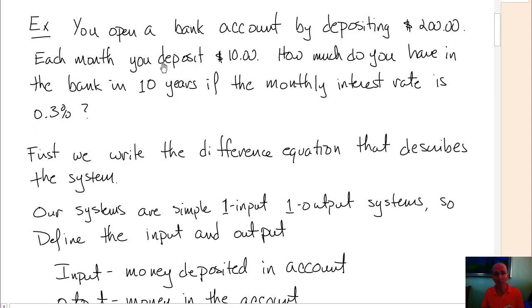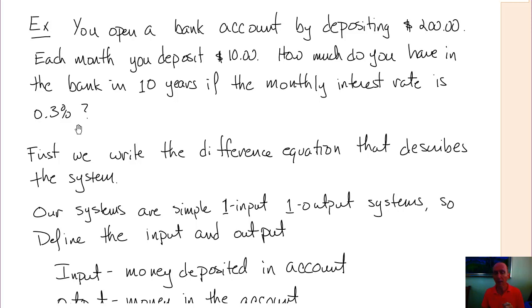Every month, you're going to deposit $10. And the question is, how much do you have in the bank in 10 years if the monthly interest rate is 0.3%? Now, this is not realistic. 0.3% is very large. But let's just suppose this is the interest rate. And we want to find how much we're going to have in 10 years.